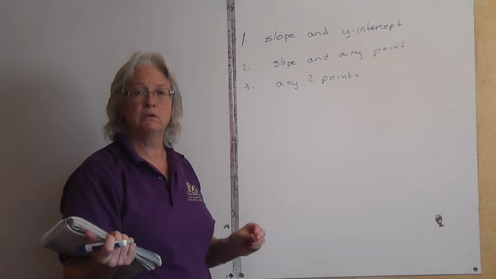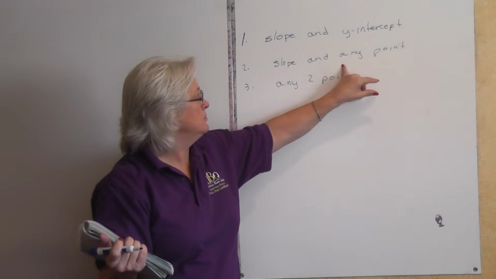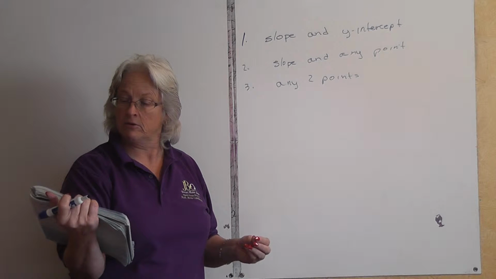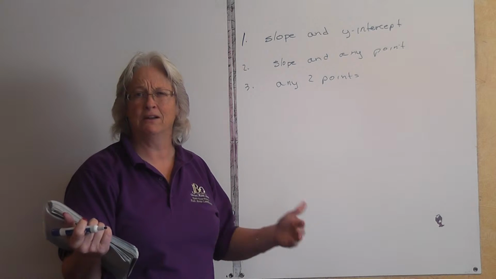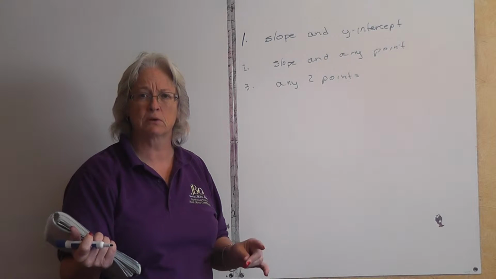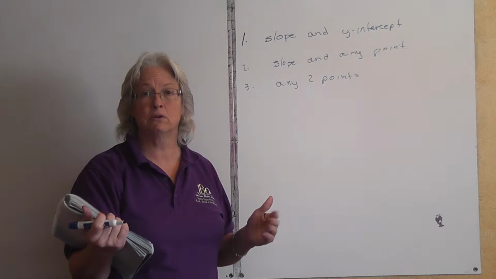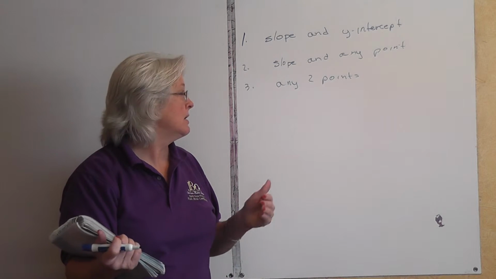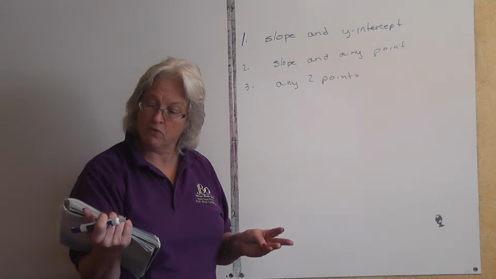Well, in our book here, they're going to show you how you can use slope at any point of the line. It's a little bit of a technical proof by illustration of how you come up with this equation. Let me go ahead and take you through it. I don't expect you to be able to replicate this, but I do want you to at least see how we come up with the point-slope form of a line.